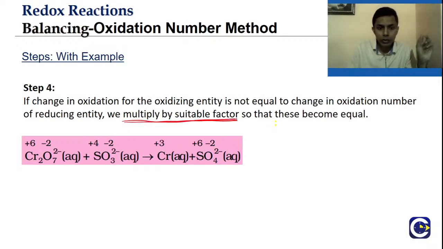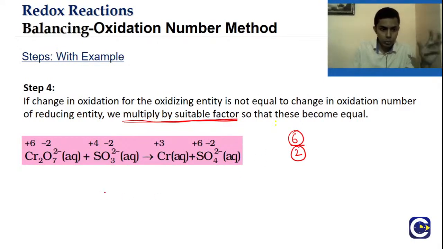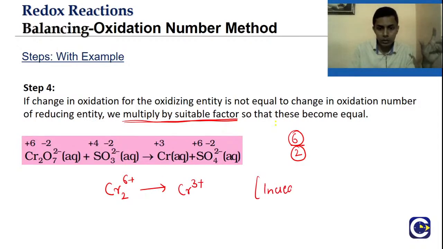What is that suitable factor? That is, in my case, 6 by 2. Decrease in oxidation number by increase in oxidation number. Whichever factor will balance out decrease and increase. Okay? Yes. To make it more simple, I'll rewrite it. Cr2 6 plus to Cr3 plus.